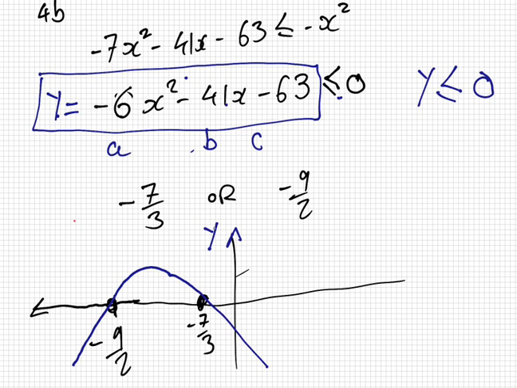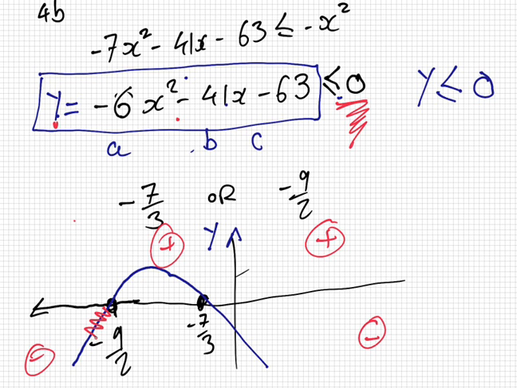Okay, what else can I say? Alright, look. This here is equal to y, and you see here, this is less than 0. What does less than 0 mean? It means negative. So this is positive y, and then down here, negative y. So where is the graph negative? Here and here.